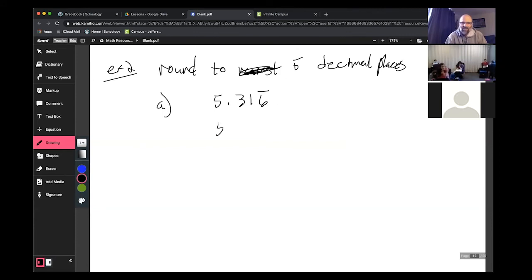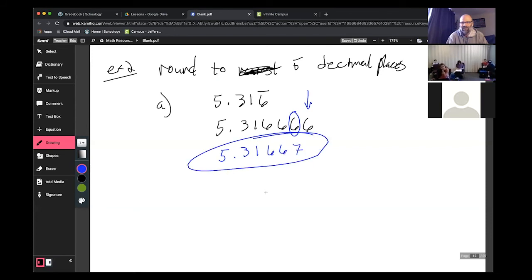So let's write out 6 decimal places. 5.316666. So see how there's 6 decimal places? Now I can round to this place. In order to round to that place, I have to look at the next digit. That's 5 or above. So I'm going to add 1 to that 6. 5.31667. So there it is, rounded to 5 decimal places.